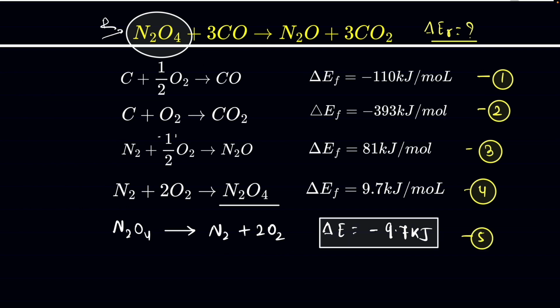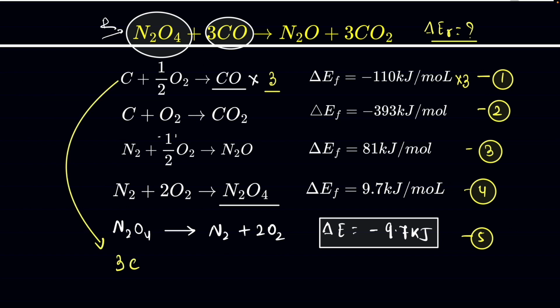Similarly, in the second part, we have 3CO. Reaction 1 has CO given, but not 3CO. So for this, we have to multiply with 3. When we multiply this carbon monoxide with 3, the energy will also be multiplied by 3. So our new reaction will be 3C plus 3 by 2 O2 forms 3 moles of CO. The energy will be 3 times, so minus 330 kilojoule.